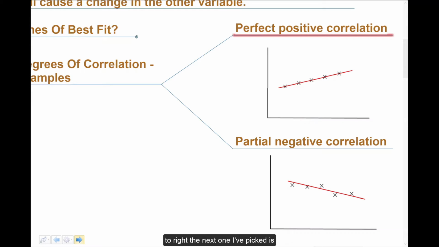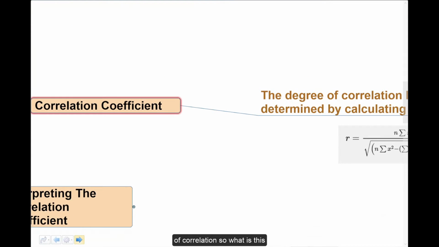The next one I've picked is slightly down below, partial negative correlation, again heading downwards, and you'll see partial, obviously not quite bulletproof on that line, but there or thereabouts. Now there's several other examples. I would refer you to them within the study text itself. Okay, so that's the issue of correlation.